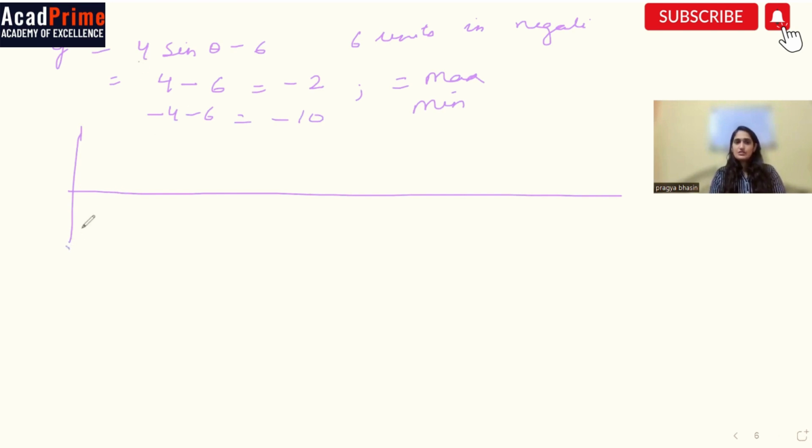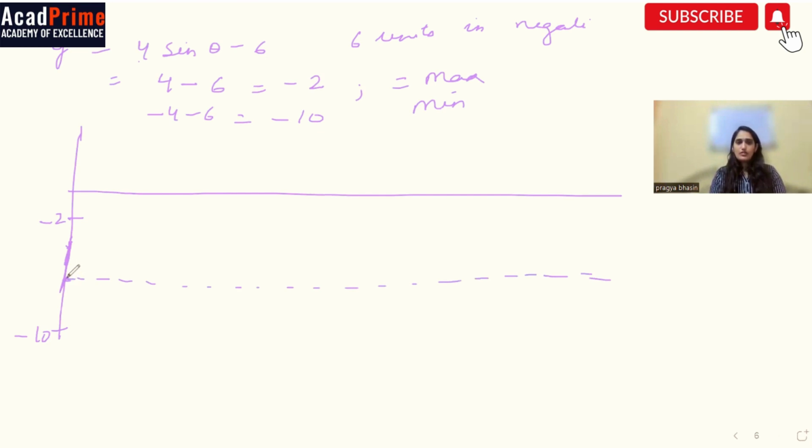And since the sign is positive, it would be remaining positive only, right? It will not be upside down, it will be going upward first. So supposedly this is minus 2 value, this value is minus 10, and this is my middle value, right?